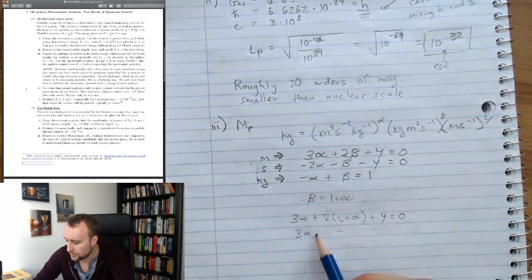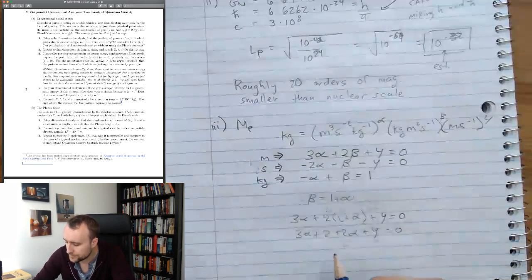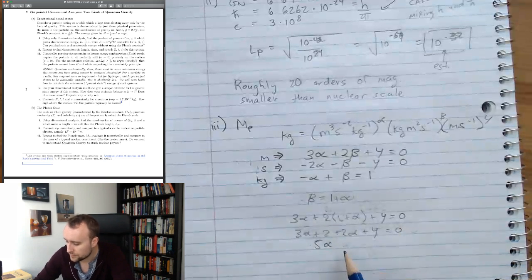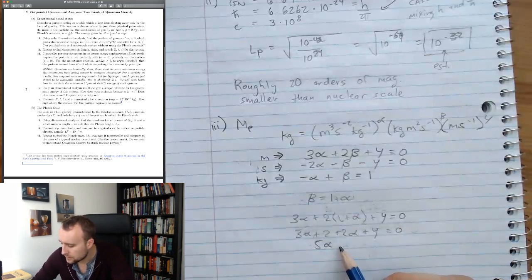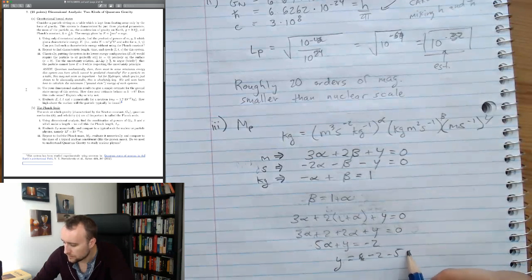We have 3 alpha plus 2 alpha plus this equals 0. 5 alpha, this to minus 2. Minus 2 minus alpha.